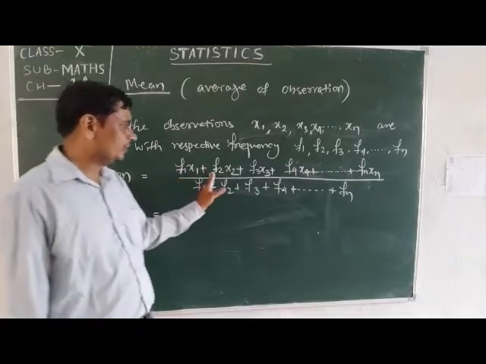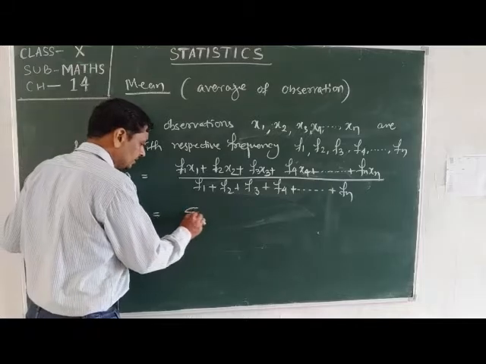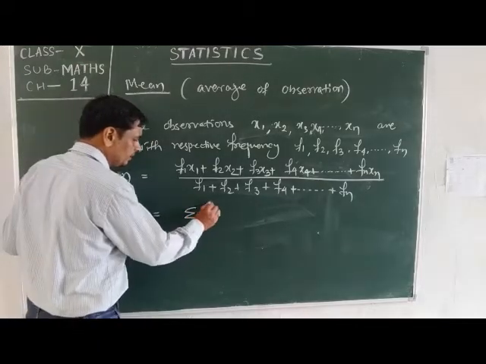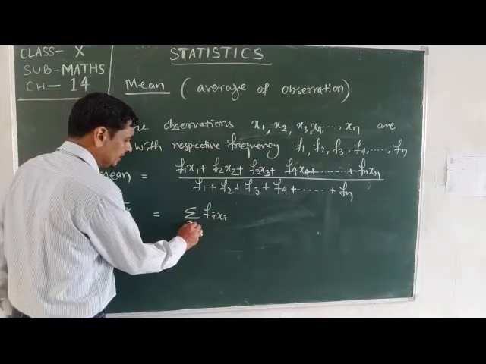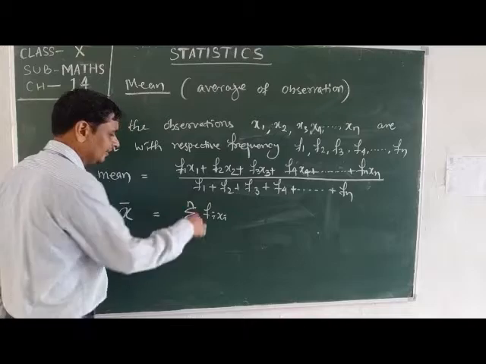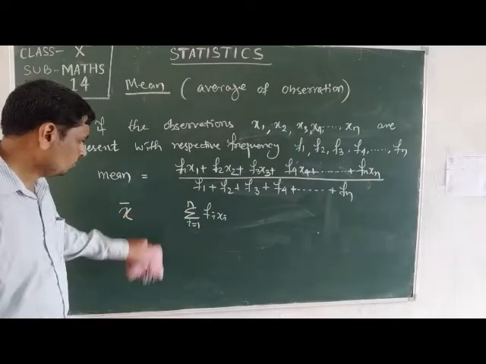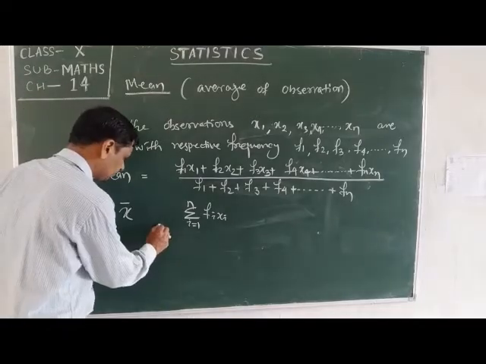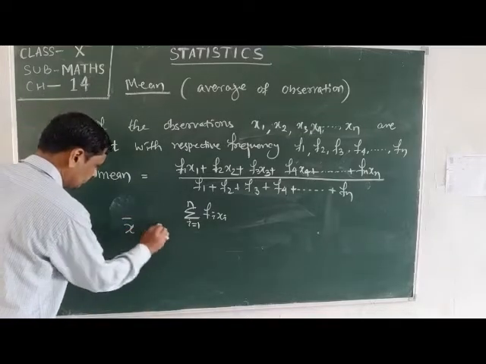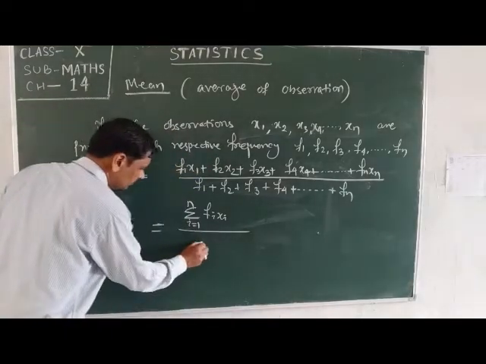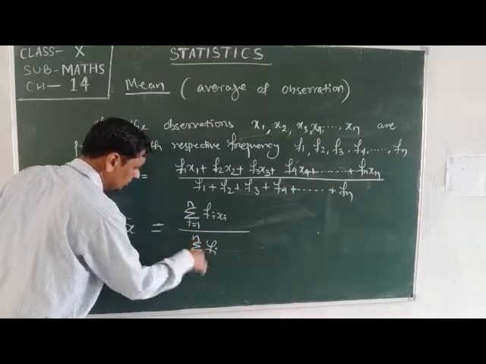The sum f1 x1, f2 x2, f3 x3 and so on can be denoted as summation of fi xi, where i extends from 1 to n, divided by the sum of fi, where i varies from 1 to n.